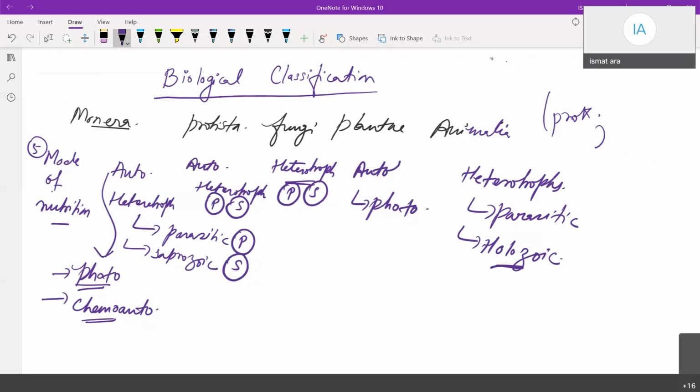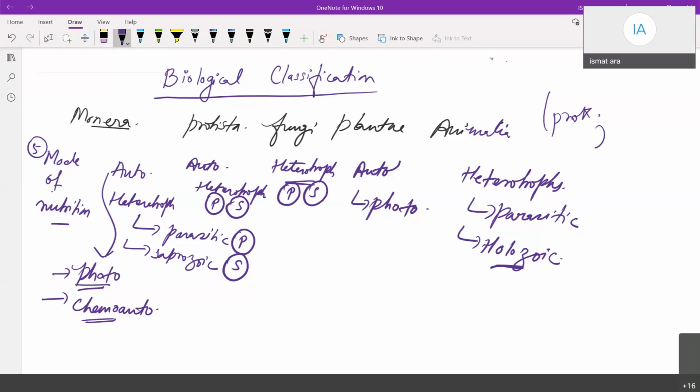So this is five kingdom classification. But here also we get one or two drawbacks of this classification. That's why till now the most advanced classification is six kingdom classification, which was given by Carl Woese.